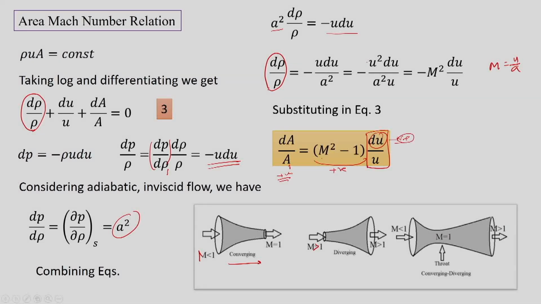That means again the diverging section acts as nozzle in case of supersonic flow. So, the converging section acts as nozzle for subsonic flow and the diverging section acts as nozzle for supersonic flow. Further, if we add converging and diverging sections together, then we have a convergent divergent nozzle, where at the inlet we have subsonic flow and at the outlet we have supersonic flow.